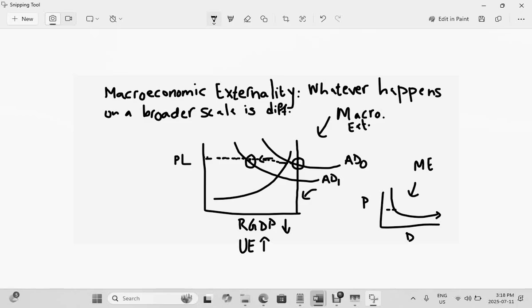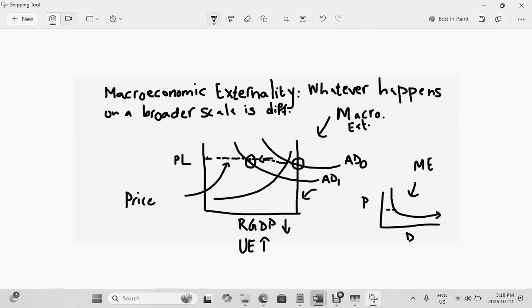Now, this particular situation where the price level does not change has to do with price stickiness, which is a similar concept to wage stickiness. You might have contracts with the supplier, just like labor union contracts for wage stickiness, which prevent you from changing the prices or the wages.